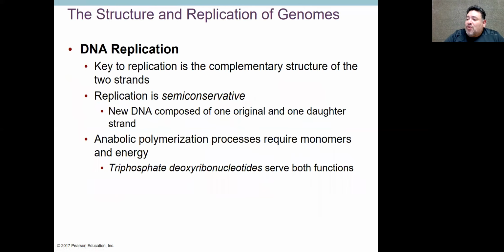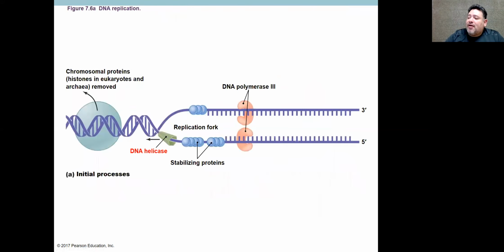Okay? So what happens when you open the replication fork? Well, here's our fork of replication. Fork because it looks like a fork. And replication because that's where we're going to replicate our DNA. And unsurprisingly, one end is a 5 prime and the other end is a 3 prime. Now, what did we just say about DNA polymerase? We said that it only adds nucleotides in a 5 prime to 3 prime direction.